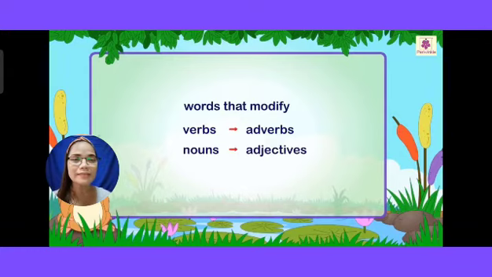So, ang ginamit ko dong verb is fly. Paano siya lumipad? High. Ibig sabihin, ang minodify ko is an action word. Nagpapakita ng kilos, which is fly. Gumamit ako ng high, that is an adverb. So, ibig sabihin, siya ay adverb kasi nagmodify siya ng salitang kilos.